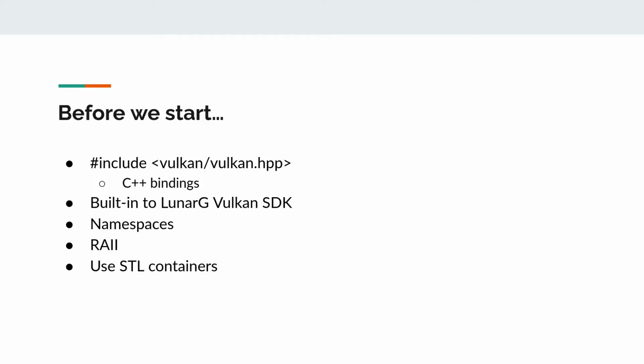Using this, you don't have to manage your resources manually. You can just use constructors and destructors. Besides, it uses STL containers such as std vector. Therefore, you don't have to use C-style arrays in your code. This makes it a little bit easier to write Vulkan code in C++. But the main downside of this header is that you will find less resources on the internet about it.